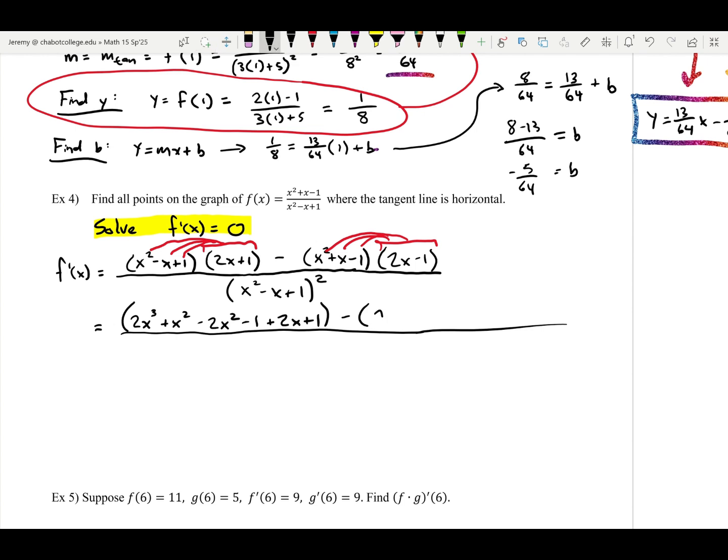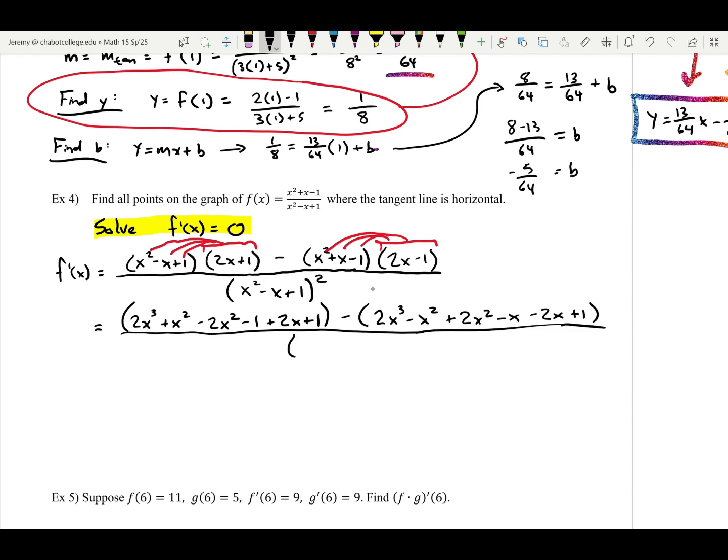I'll get 2x cubed minus x squared plus 2x squared minus x minus 2x plus 1. Gonna check that work. I think we're doing okay.